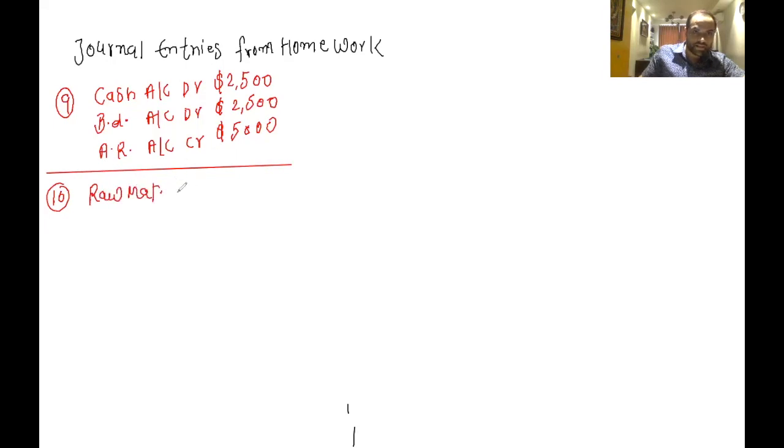Raw material expense account debit, and cash account credit. Amount is 1,000. So number 10 is finished.